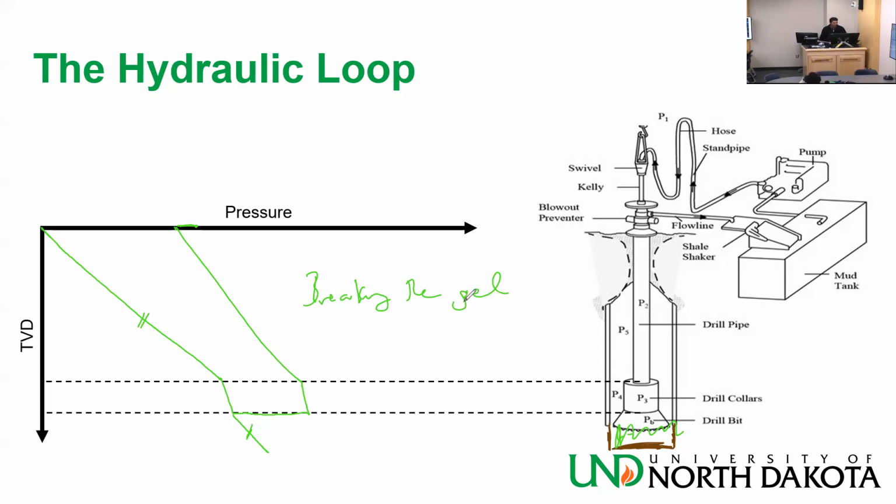Which gel are they referring to? Breaking the gel is like when you are mixing mud. They call it that when you are mixing mud of different weights and you want to replace it.